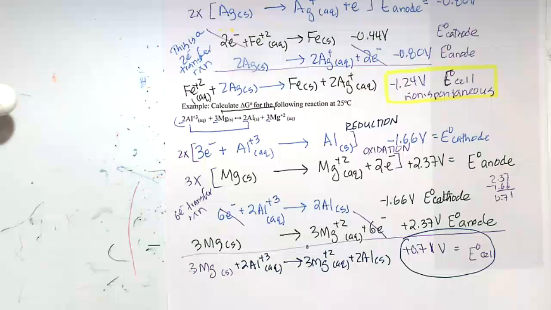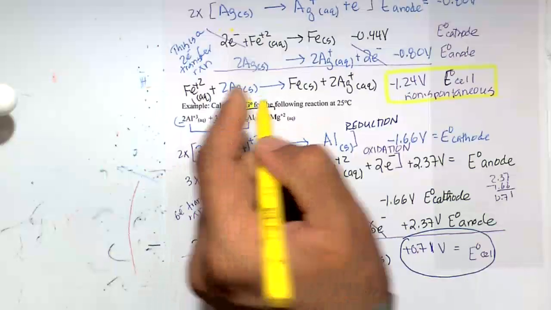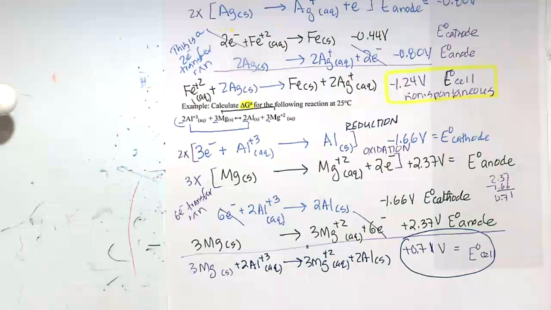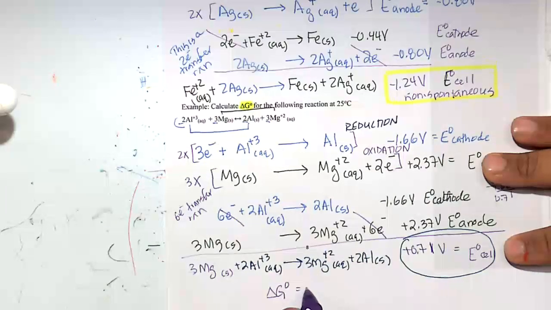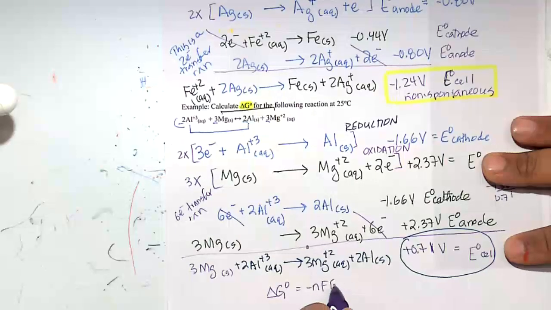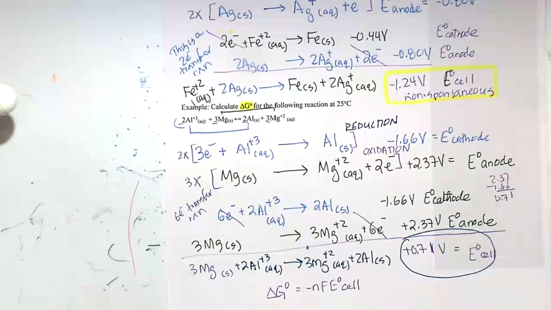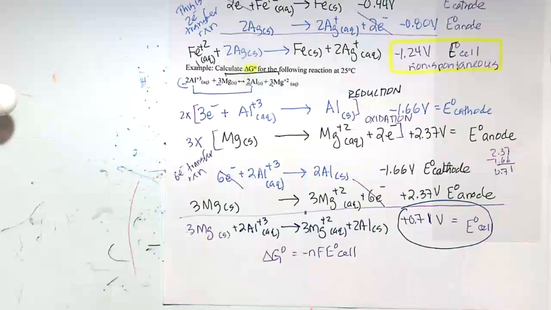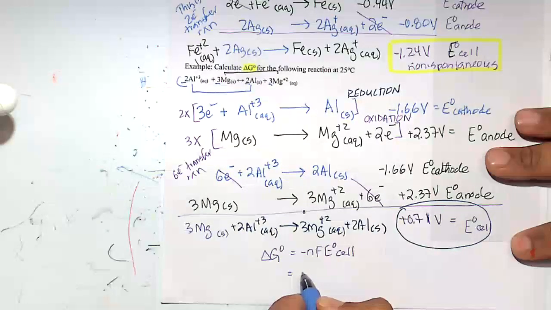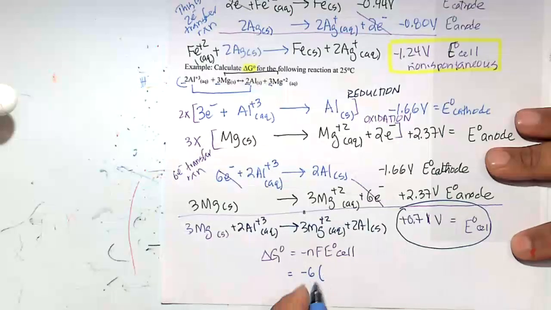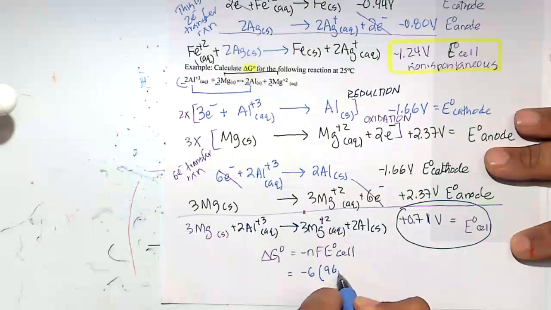How will we calculate delta G? Which equation shall we use from our list? I see this equation: delta G naught is equal to minus n F E cell. So this is minus 6, right? n is 6, since this is a 6 electron transfer reaction.